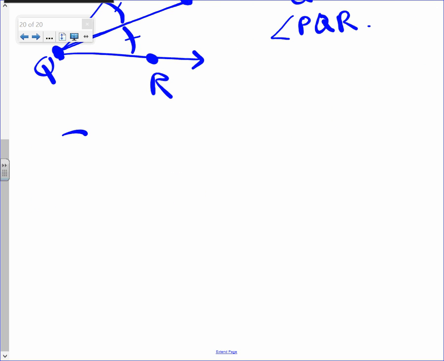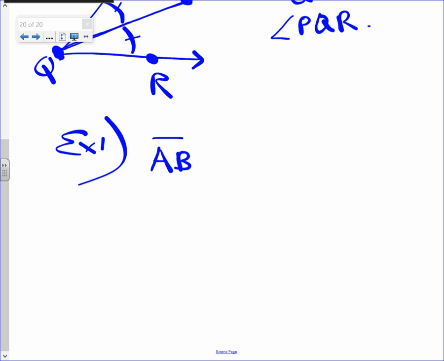Let's go write example 1. So let's use the concept of a bisector now. Watch this. Oops. There we go. Write this. Example 1.